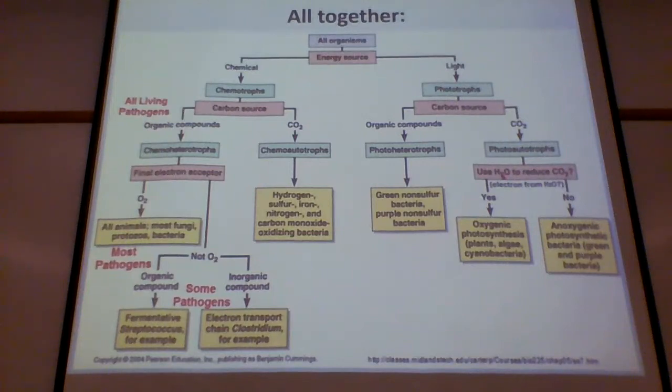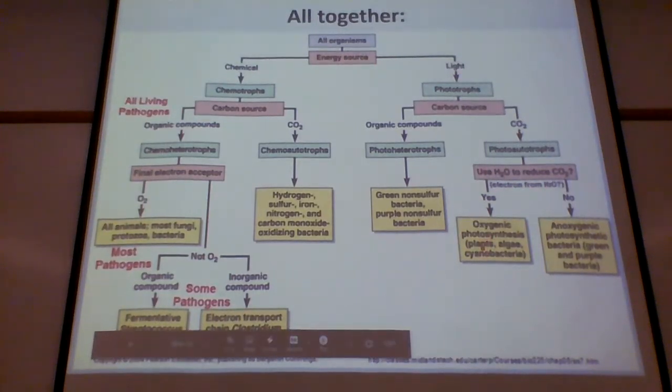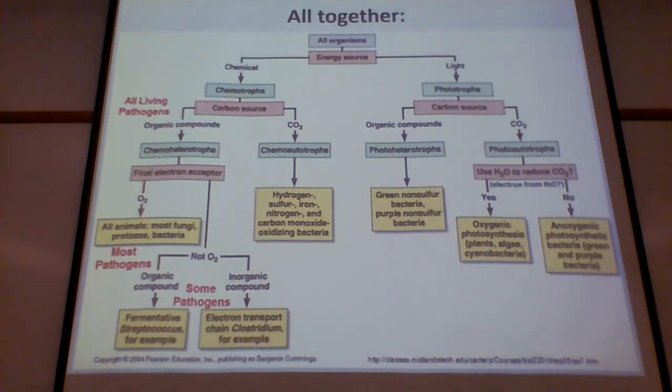And they're using water to reduce carbon dioxide. The electron is coming from water, either the oxygenic or the anoxygenic. Now on this side, we're using various chemicals to generate the carbon source, and you can use carbon dioxide, and then these are some of the rather odd bacteria that can do this.